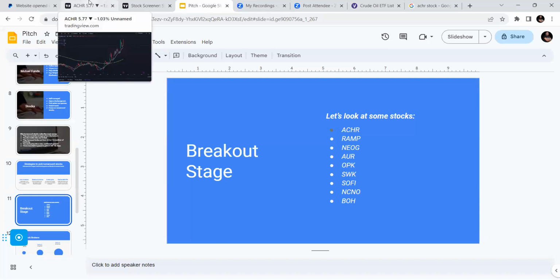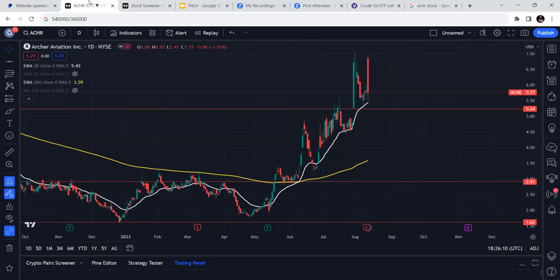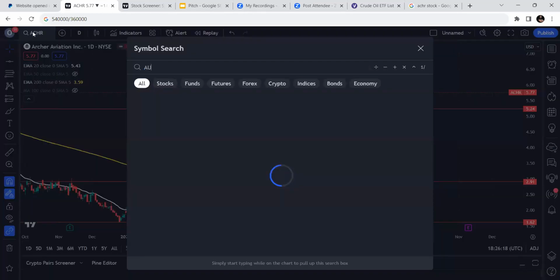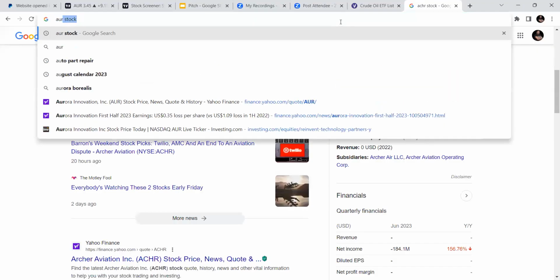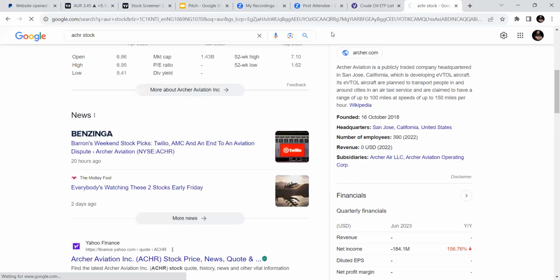So one of the stocks that I'm buying, that I bought on Thursday and Friday, and I think it's still within the buy range, and I will show you how this stock meets my checklist, is AUR. Let's look at the base of AUR. AUR is one company that is actually working on driverless trucks.